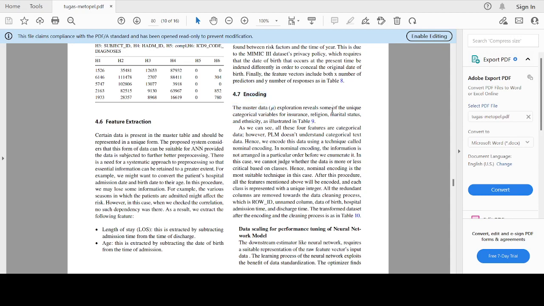Basically, the machine learning model, or the computer, won't understand the strings provided by categorical data. So in feature engineering, we need a process called encoding.